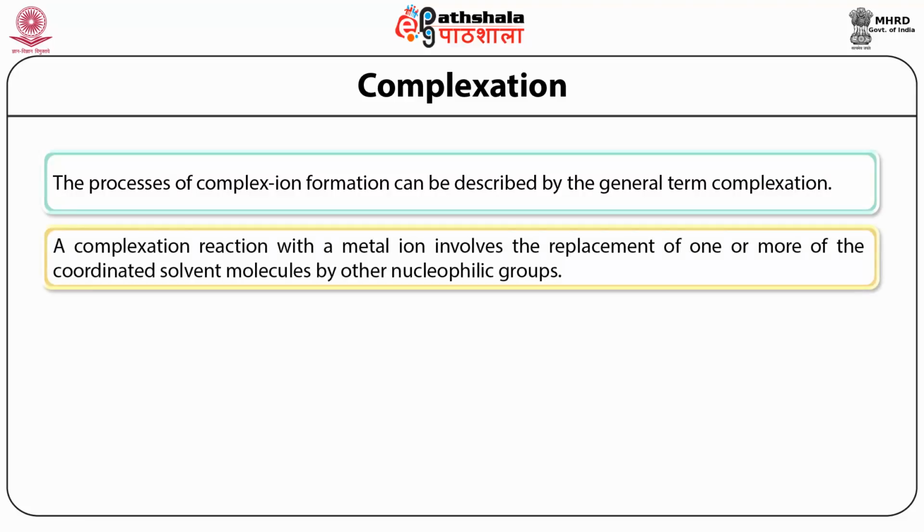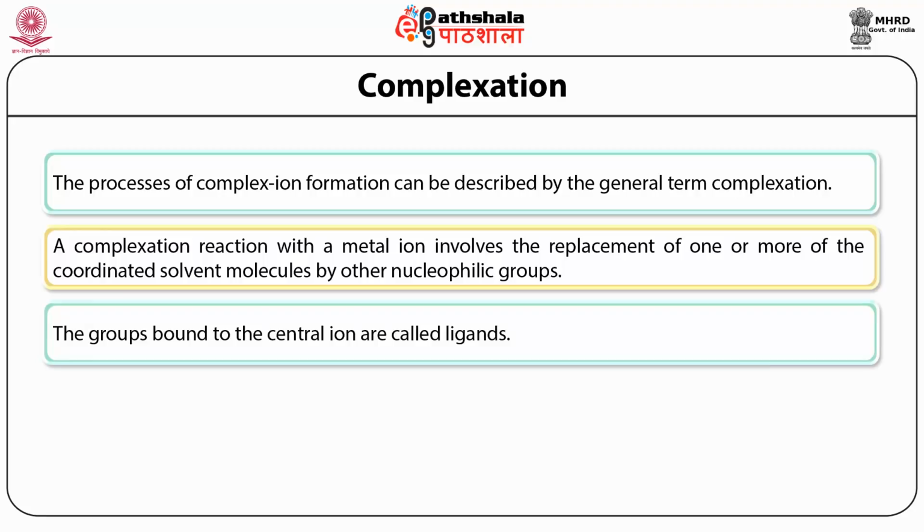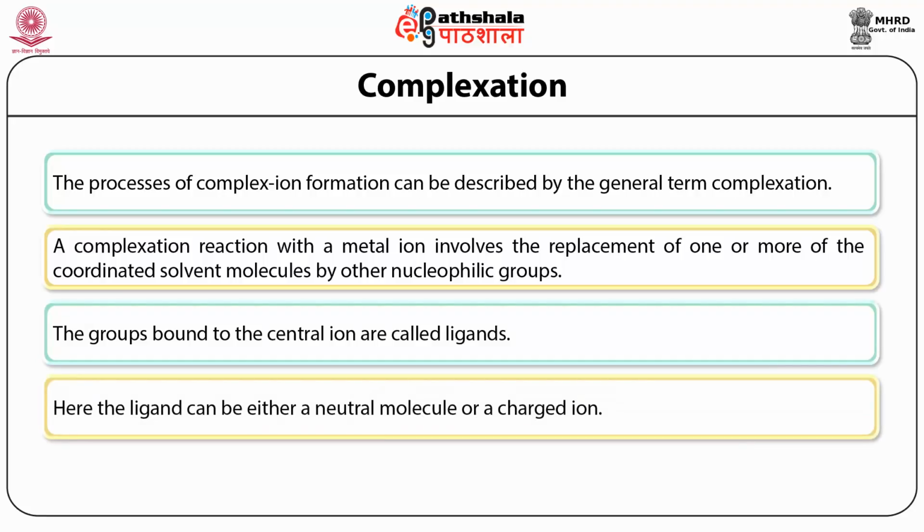A complexation reaction with a metal ion involves the replacement of one or more of the coordinated solvent molecules by other nucleophilic groups. The groups bound to the central ion are called ligands. Here, the ligand can be either a neutral molecule or a charged ion, and successive replacement of water molecules by other ligand groups can occur.